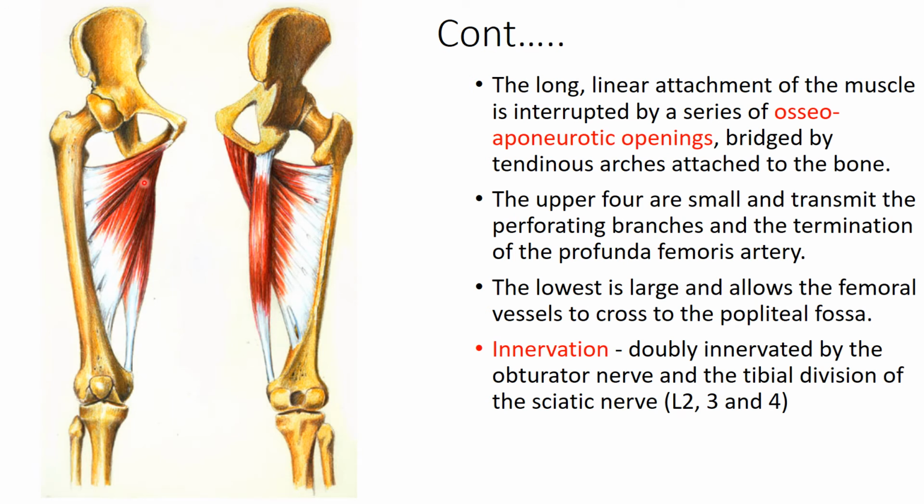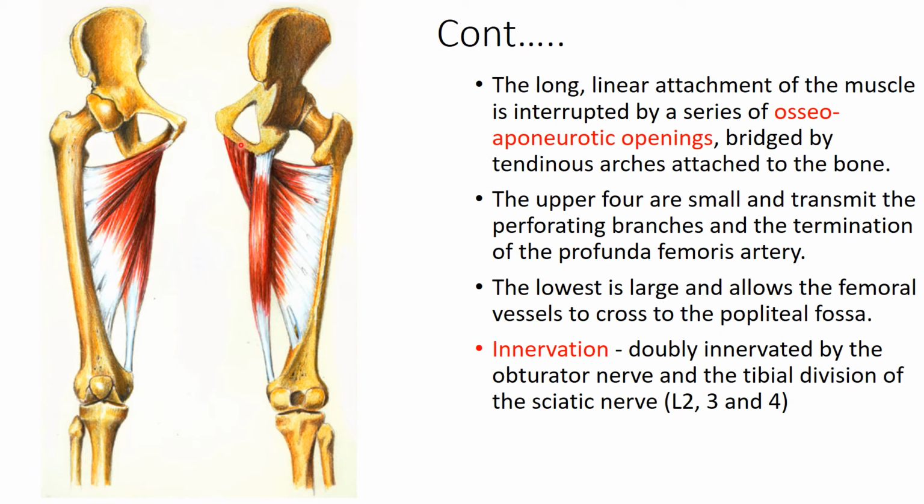Three sets. Those from the ischial tuberosity, this is a thickened mass, directly attach to the adductor tubercle and the distal portion of the medial supracondylar line.